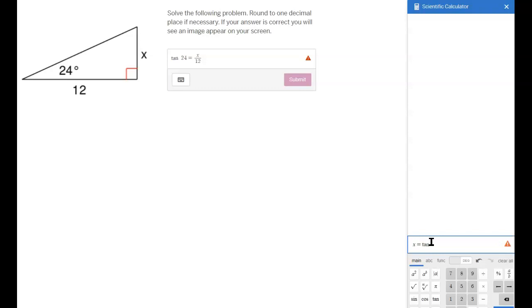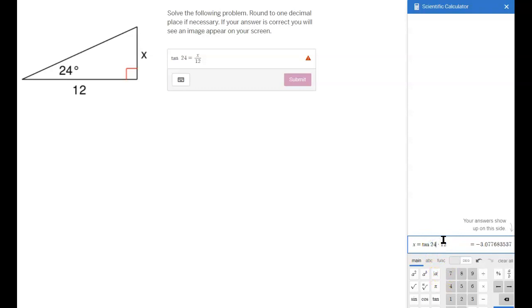tan 24 times 12. Notice that I got negative 3.07768. That doesn't seem right. So when I'm looking at my equation that I typed in here, I notice that I have tangent and then I have 24 times 12.